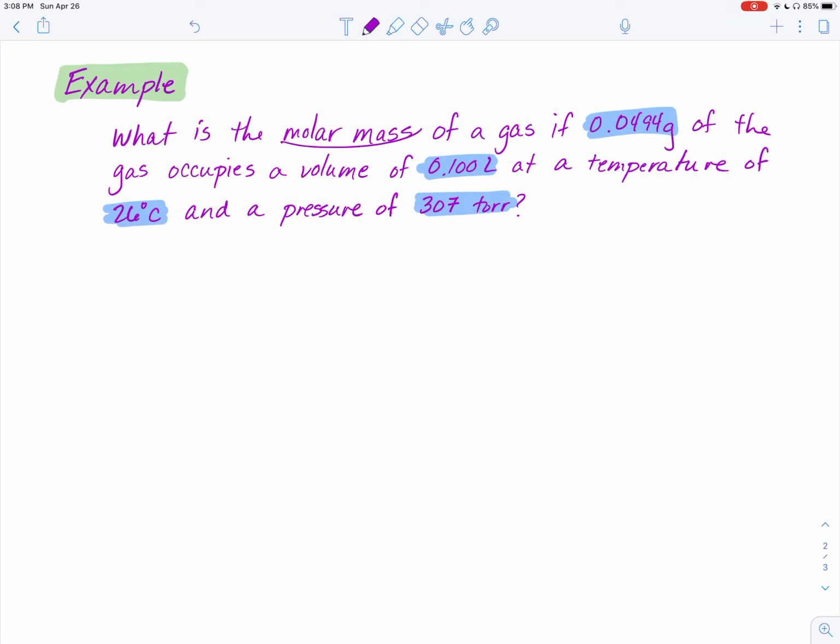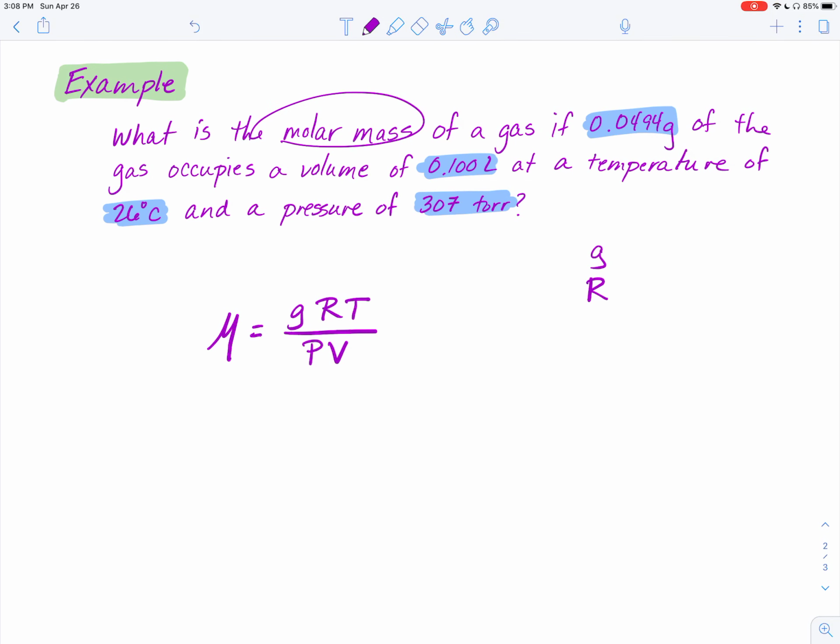And so again, we're calculating molar mass, so we'll use our equation: molar mass equals grams times R times T divided by P times V. And we're going to get all of our information out of our written word problem: grams, R, T, P, and V. So let's pull all of that out.